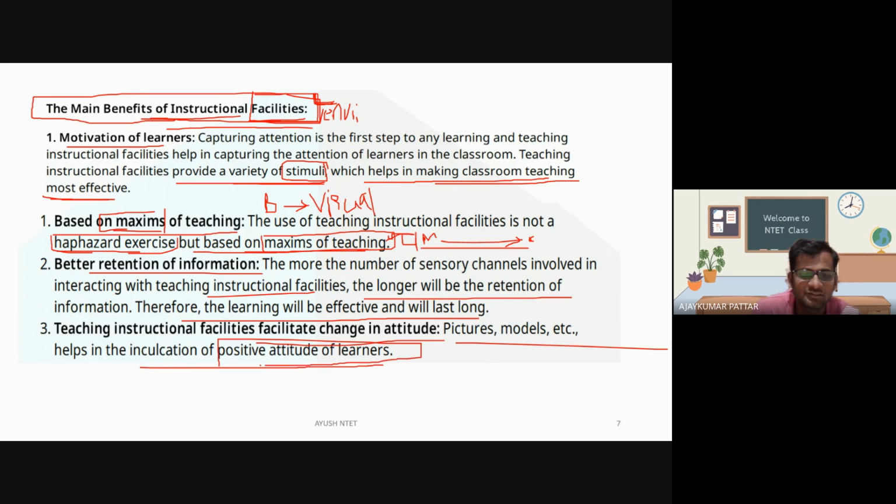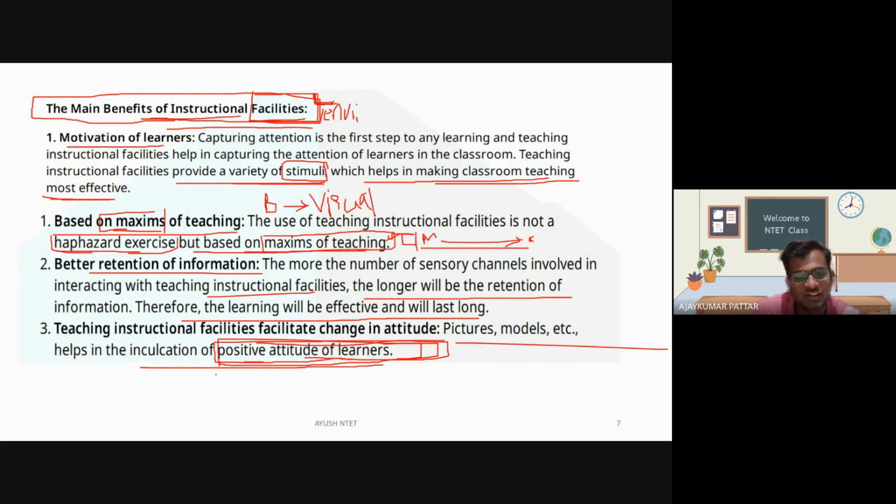Confidence will increase. If you are telling about some concept and you don't have that thing, then the students will not have that much interest. If you have facilities, the attitude of learners is different. It will give the positive attitude.